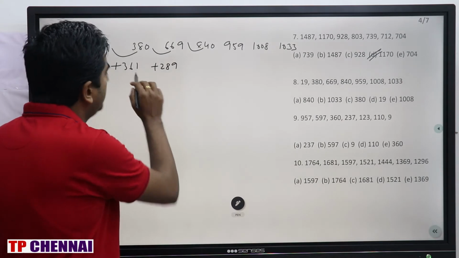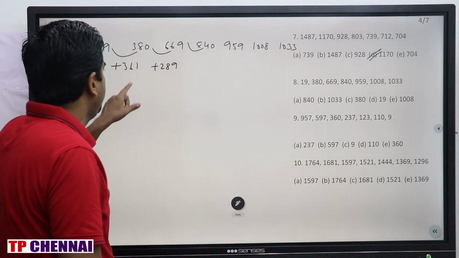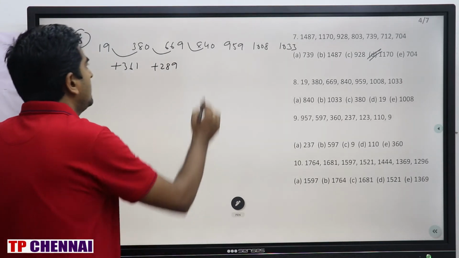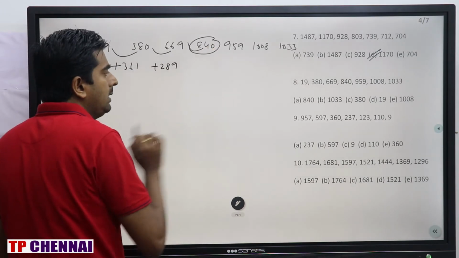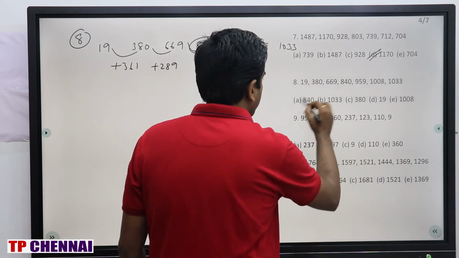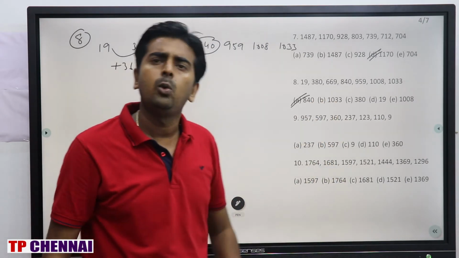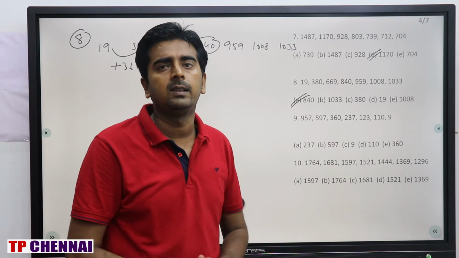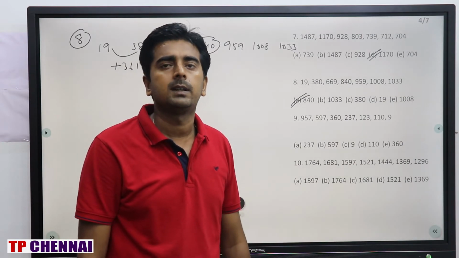So these numbers are nothing but prime numbers, right? 19, 17, what is the next number? 13. So here the problem is there. 840 is the wrong number. First option. No need to simplify also. Directly we can say it is going with prime number logic.